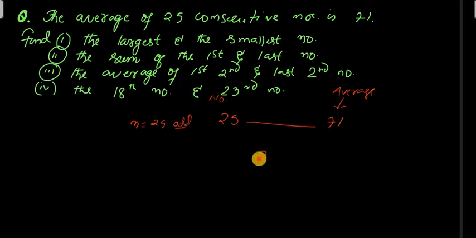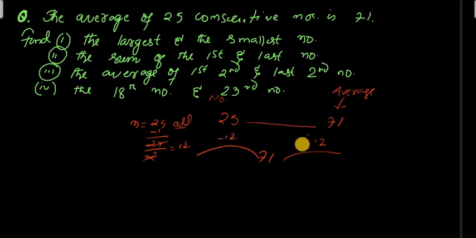So the average is 71. For the maximum and minimum, the other numbers are 24, divided by 2 is 12.